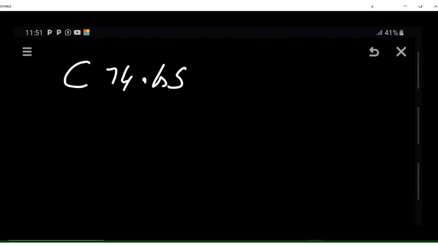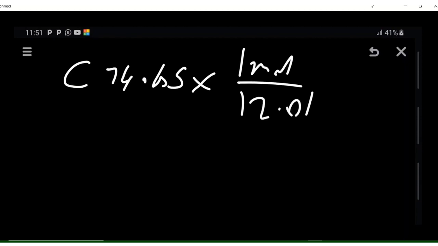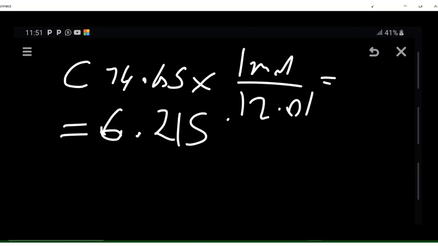So I'm calculating the moles directly by dividing by 12.01. 74.65 divided by 12.01 is giving us 6.21565. This is the mole.